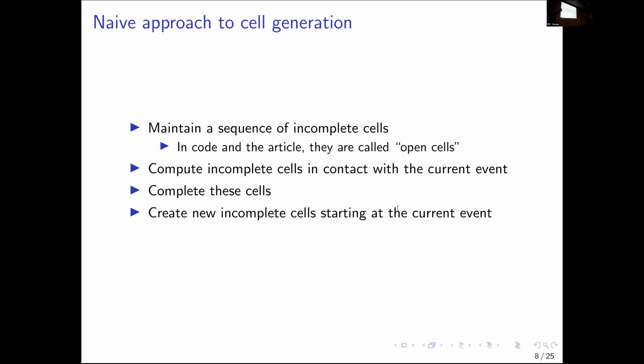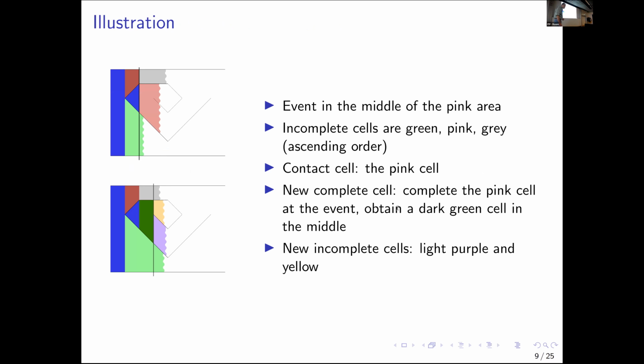Okay, so you compute the cells that are in contact, you complete them, and then you produce new incomplete cells for all the spaces between the new edges, the existence of which you just discovered. Let's, I made this slide just to explain it a little better.